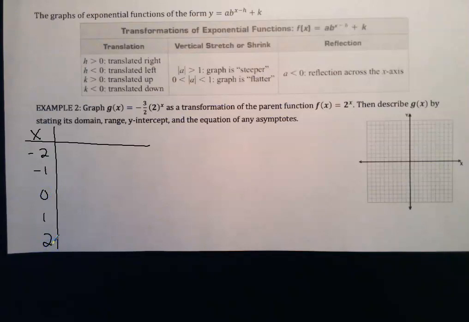What do you think would be easier to graph or to table first? The parent function, f of x, or the transformation, g of x? Parent, okay, so we're going to do the parent function first. So the 2 to the power of x. And then we'll do the transformation, which is the negative 3 over 2 times 2 to the power of x.